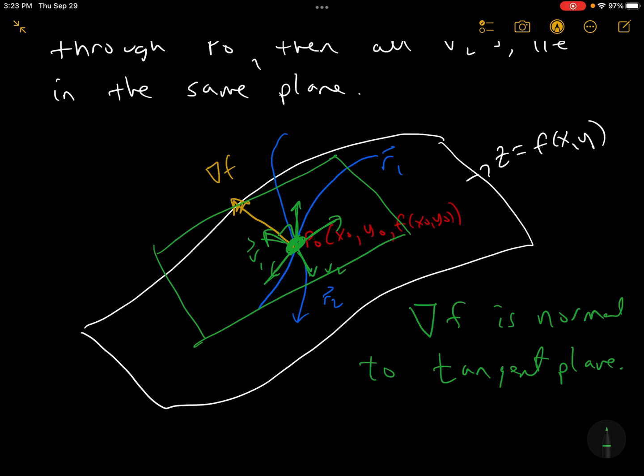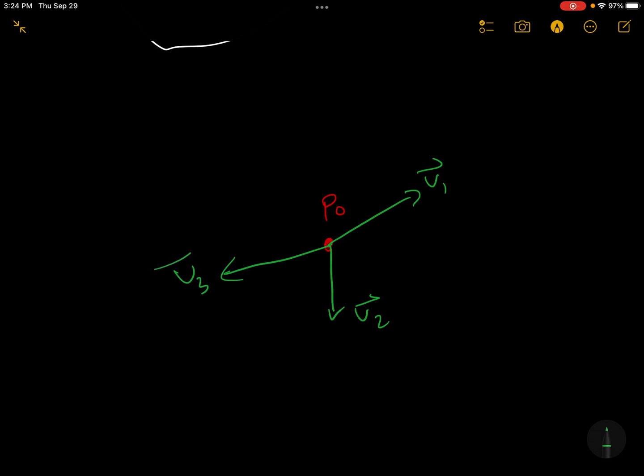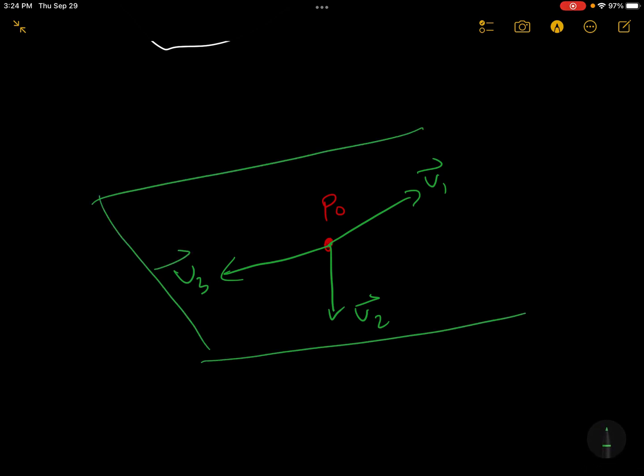Right? So I'll draw this even neater. One more screen here. Here's my point P naught. Here's a velocity vector. Here's a velocity vector. Here's another one, right? They're all going to lie in this green plane.